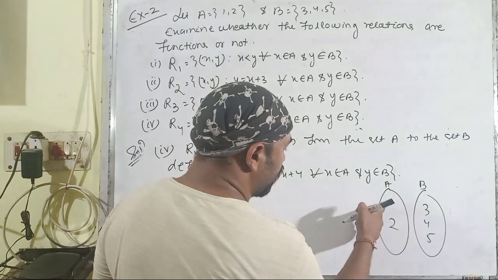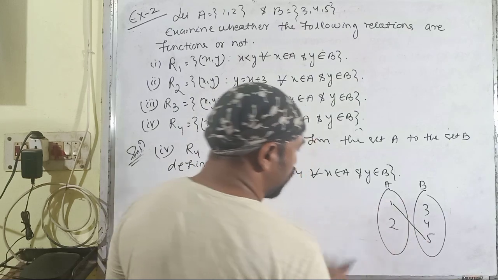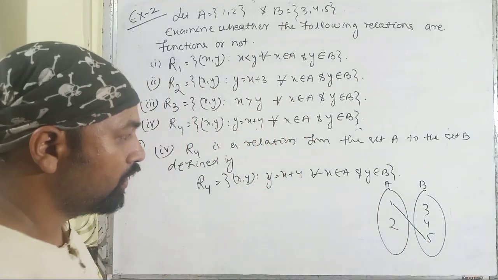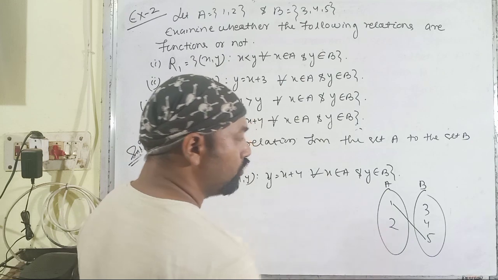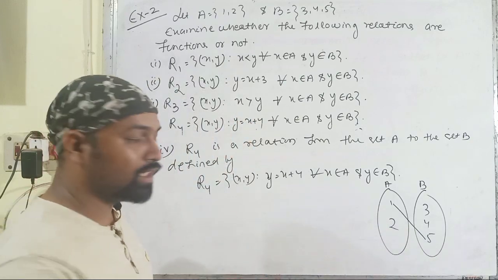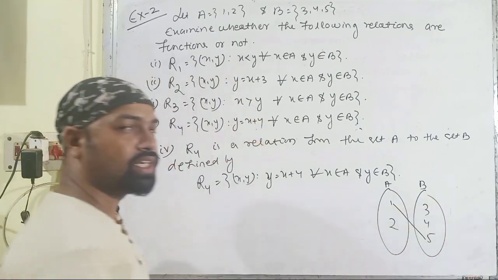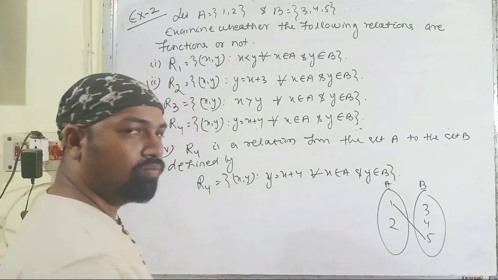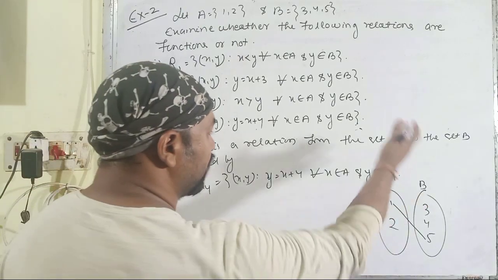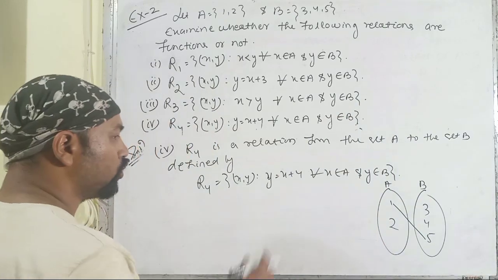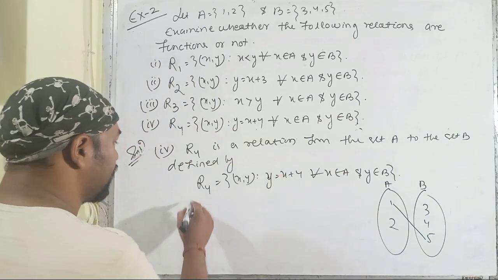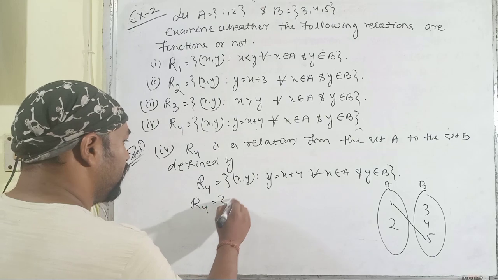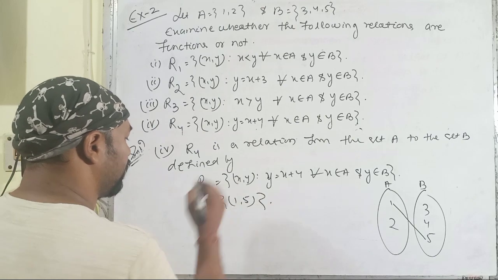Then 4 more than 1 is 5, because 1 plus 4 is 5. Then 4 more than 2: 2 plus 4 is 6, but 6 is not present in the second set. So 2 cannot form an ordered pair using the elements of the set B. So only a single ordered pair is there, R4 is (1, 5).